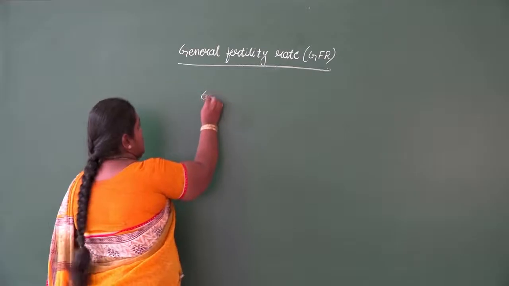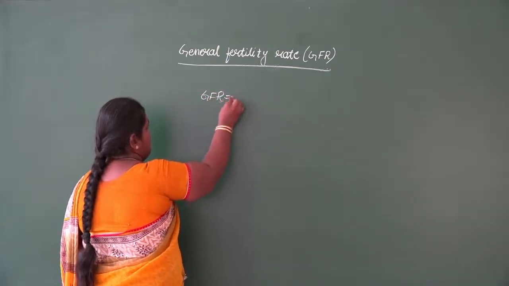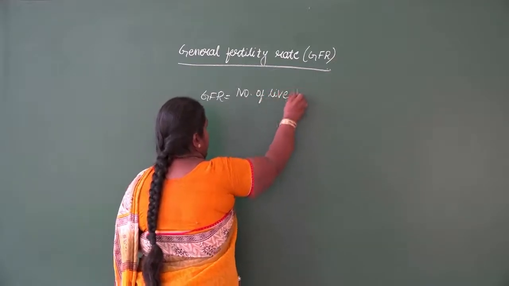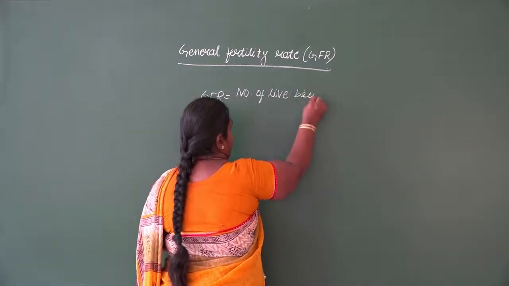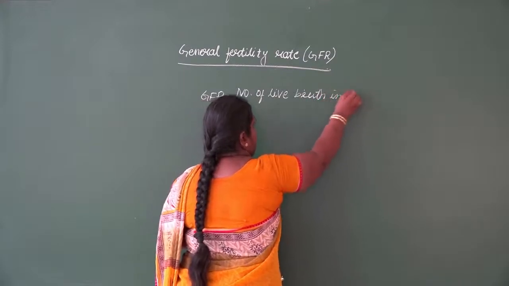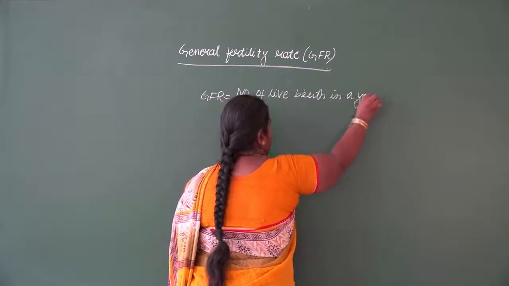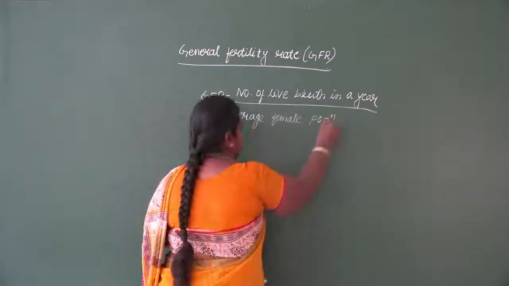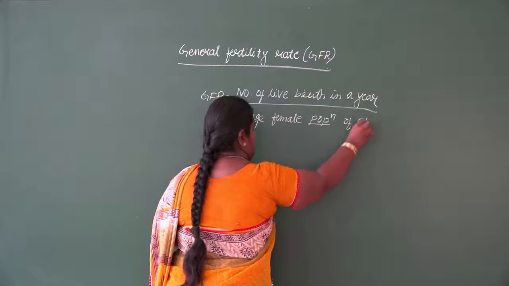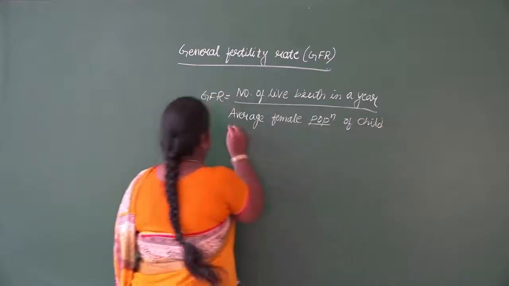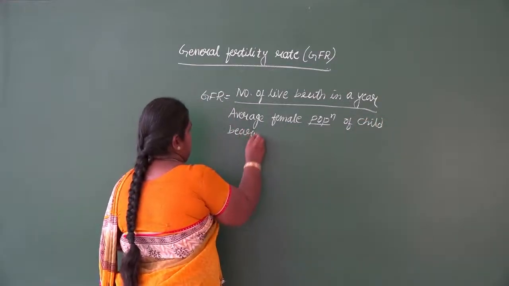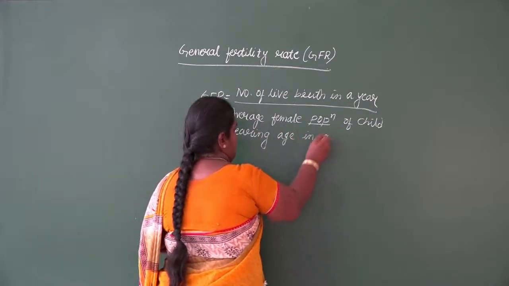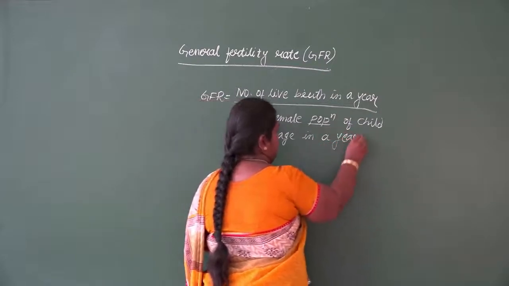So the formula is GFR equals number of live births in a year divided by the average female population of childbearing age in a year into 1,000.